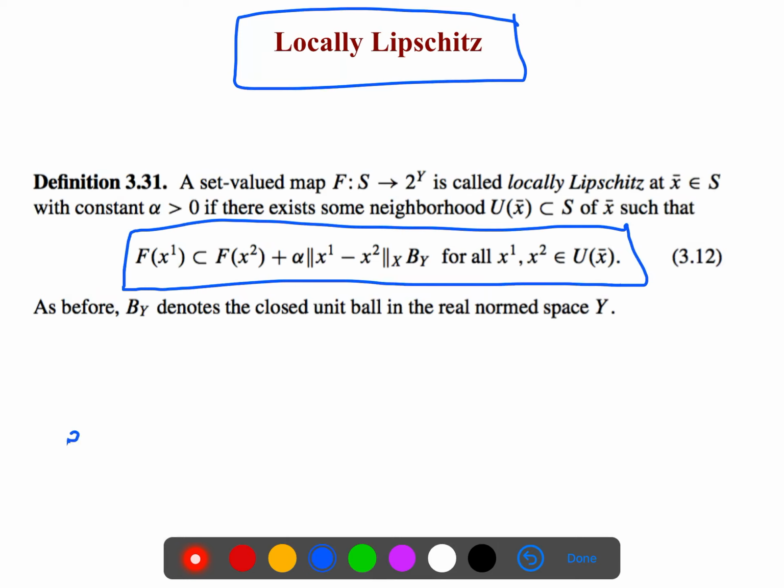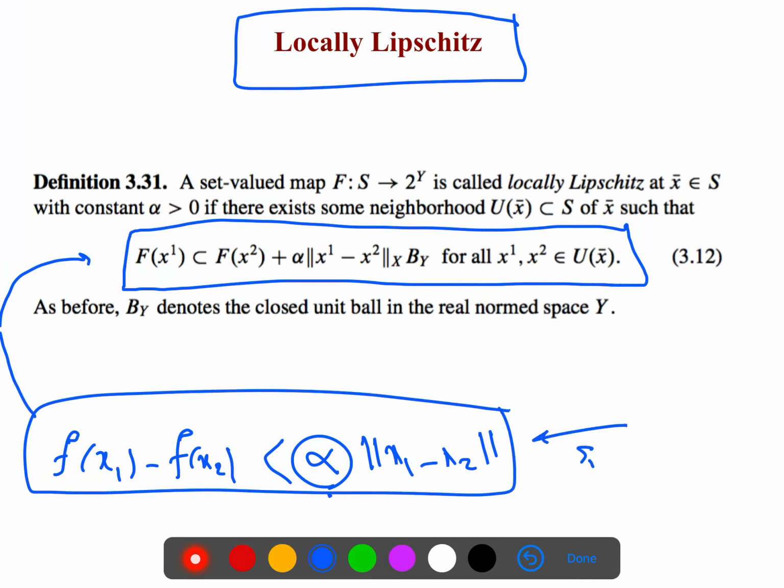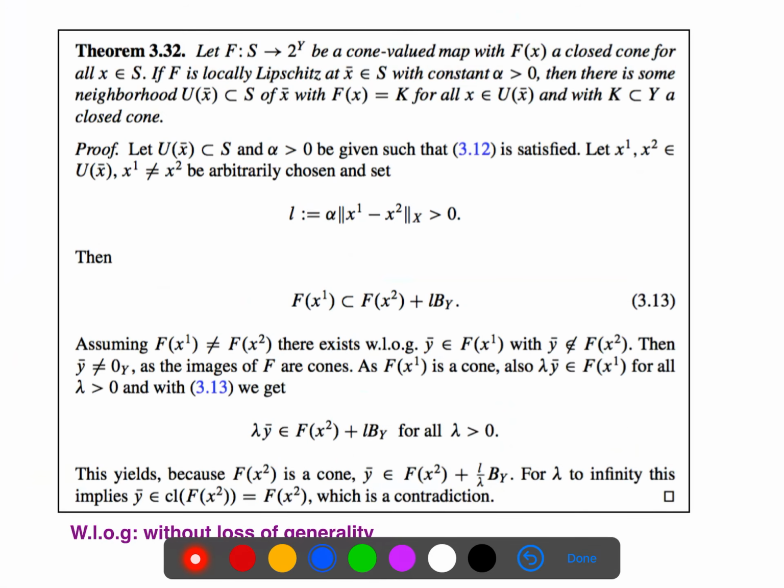For ordinary functions, you say, for example, that the norm of f of x1 minus f of x2 is less than alpha times the norm of x1 minus x2, and this alpha is the Lipschitz coefficient or Lipschitz rank. This is for single-valued, traditional Lipschitz functions. But here we extend it and generalize it for set-valued maps.